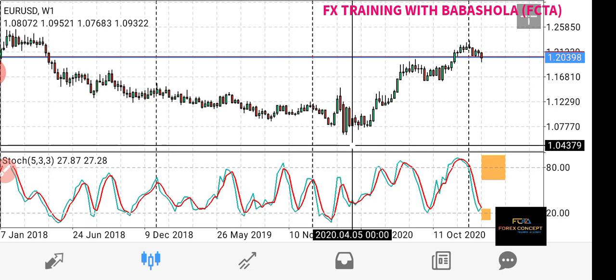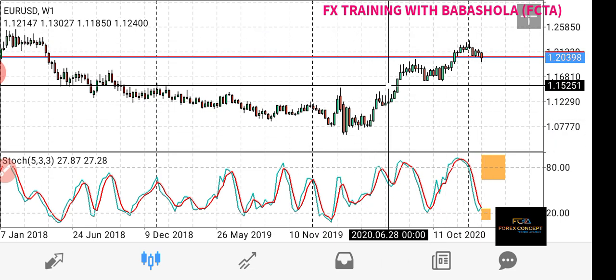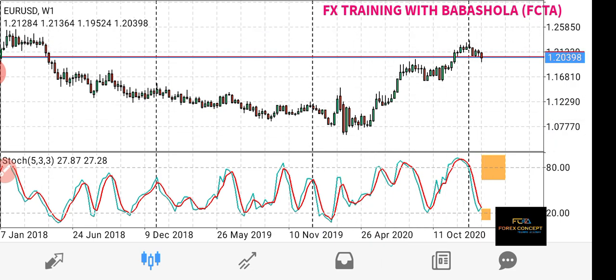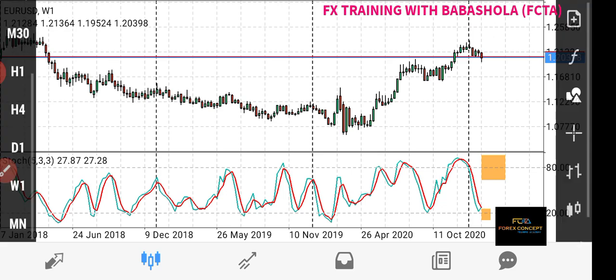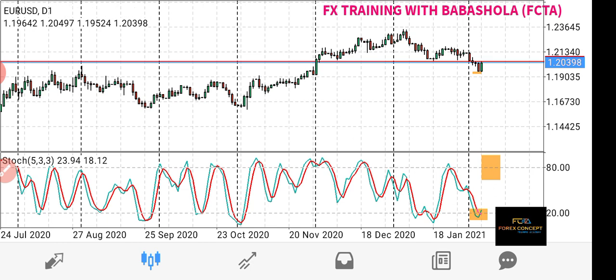So we can say the uptrend has formed on the weekly chart. Of course, an uptrend lasts for some period of time before indecision happens, and then there can be a reversal of the trend. So let's check the D1 to see something unique.